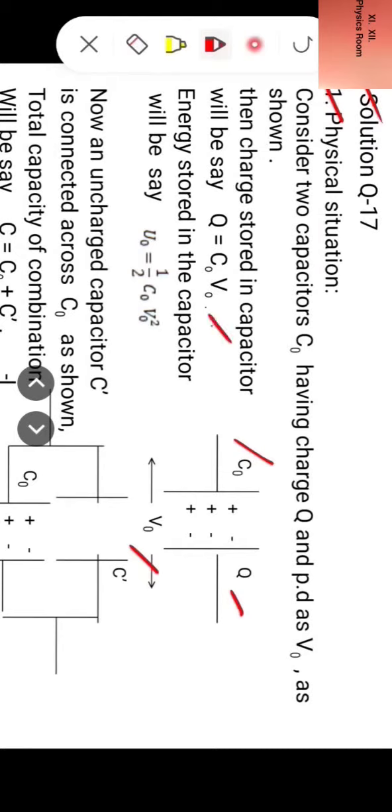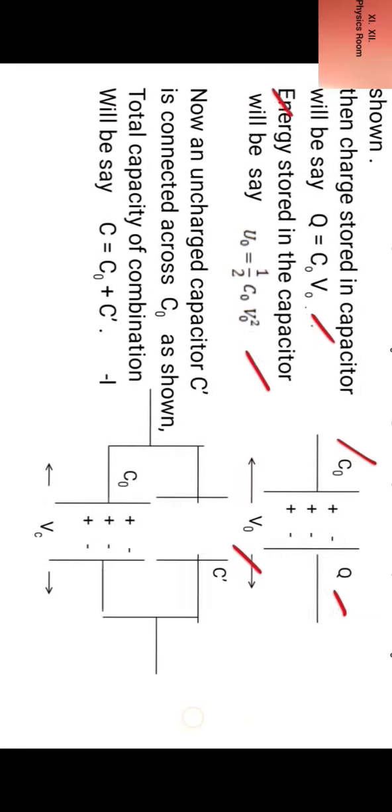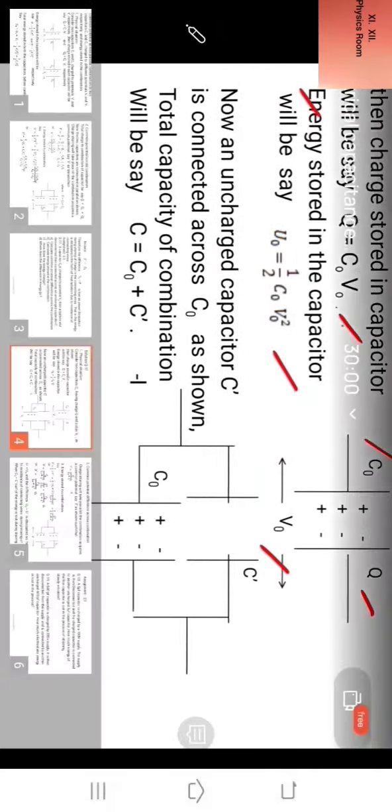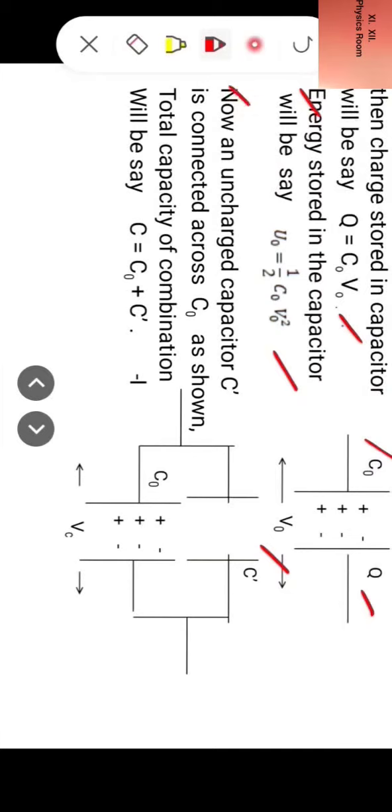Energy stored in the capacitor will be say U0 equal to half C0 V0 square. Now, an uncharged capacitor C dash is connected across C0 as shown in diagram. The total capacity of the combination will be say C equal to C0 plus C dash. Let us mark it as equation 1.